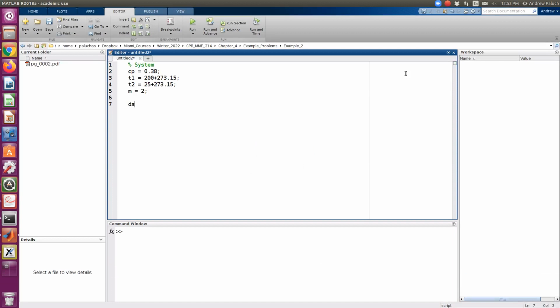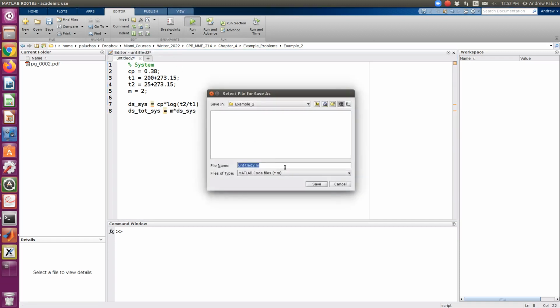Mass is 2. So if I want to calculate dS of my system, that was equal to Cp times the log ratio of my final temperature divided by my initial temperature. And if I wanted my extensive change in entropy, that was mass times dS system. Okay, so let's save this.